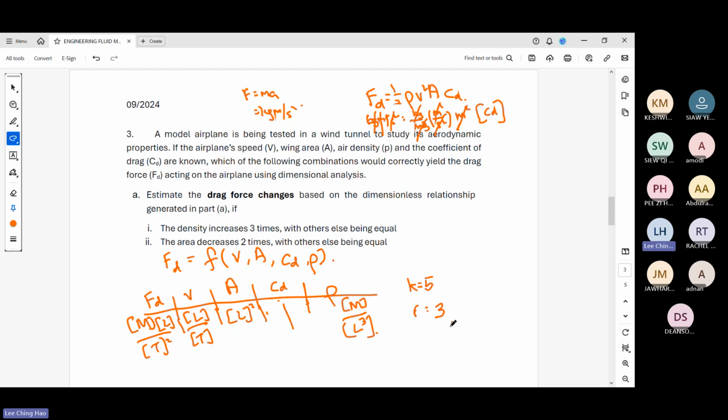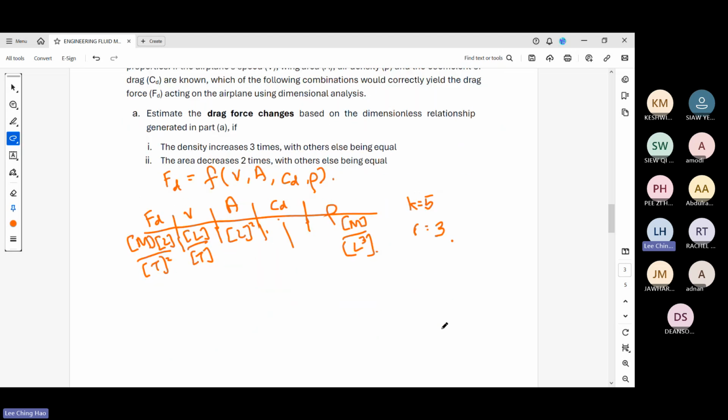Normally it will be 3. Because r means basic quantities, and your syllabus limits basic quantities to mass, length, and time, the maximum is 3. So pi equals k minus r, that's why you get 2.